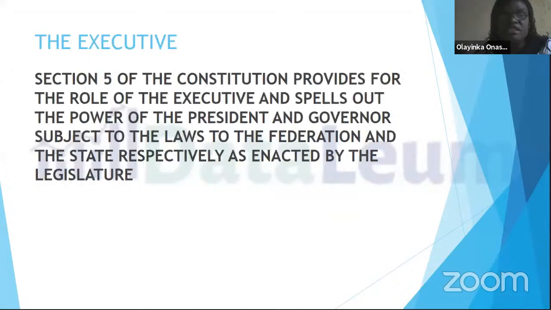Then Section 5 of the Constitution provides for the role of the executive and spells out the powers of the governor and president, subject to the laws of the federation and the state respectively, as enacted by the legislature. So the president does not have powers to do things that are not spelled out in the law. And we operate a written law system here in Nigeria. So our laws are not such that it's an idea.